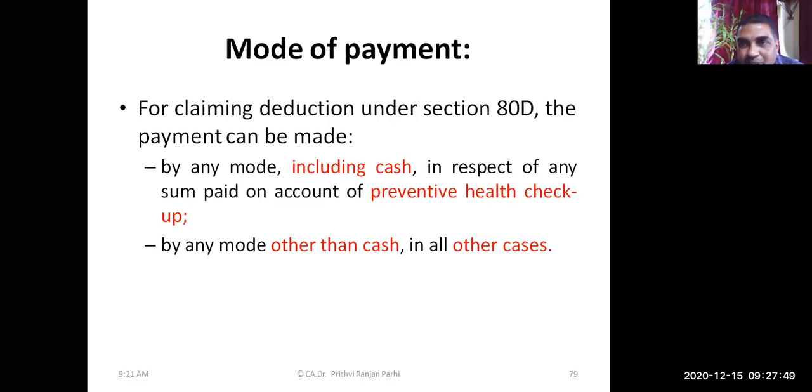For all other things, that means health insurance premium or contribution to a central government scheme, the money has to be contributed other than cash. That means it has to go through the banking channel, either through cheque, online payment, DD, or like that. So mode of payment should be other than cash in any other case. Only for preventive health checkup is cash payment allowed.